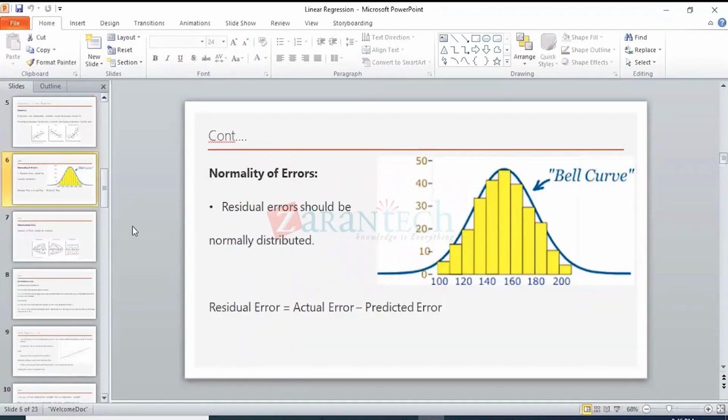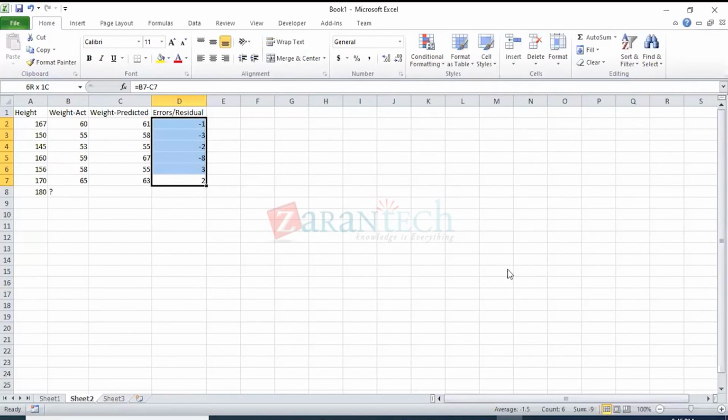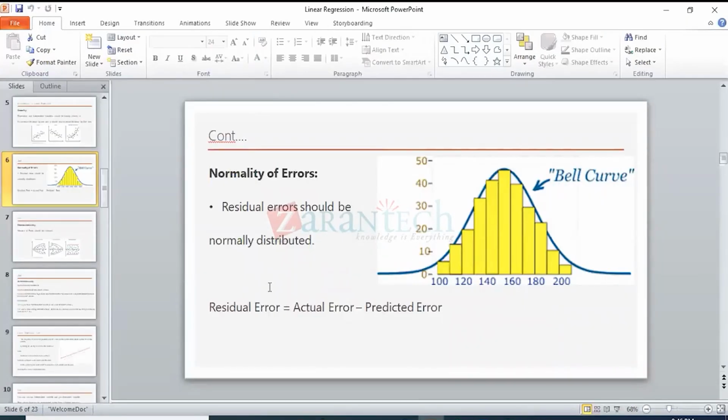I think I'll take some time to think about it. I got what you're saying. So you're saying that the residual errors will be in the first quartile, third quartile, and all that, right? It will follow that. Yes, most of your values should be somewhere around the mean value. If you plot it, most of the values should fall near the mean of that error, that is, the residual errors.